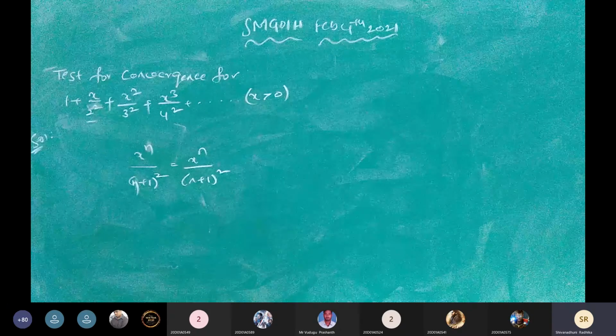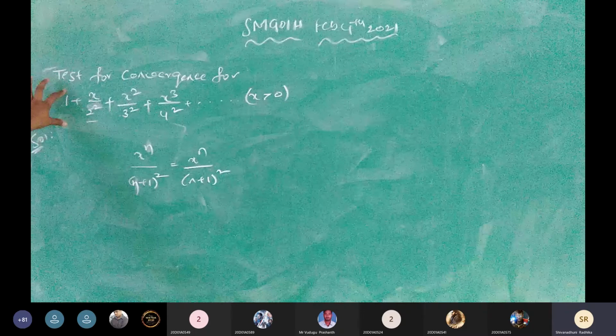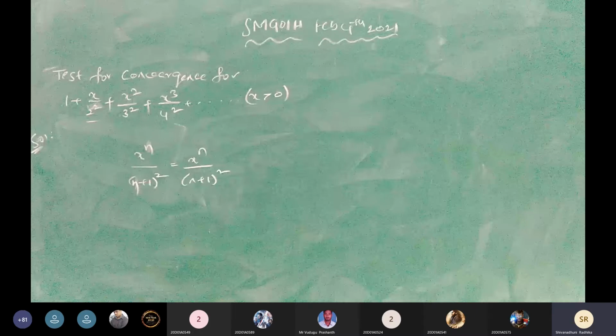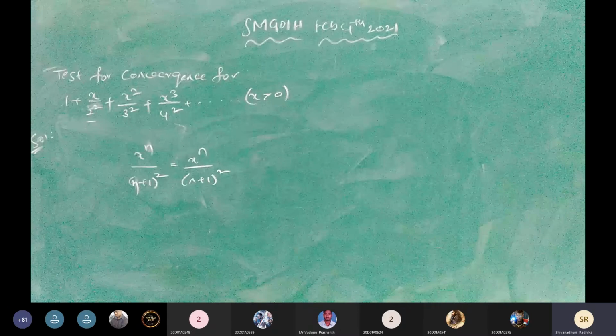If the first term doesn't fit, we just omit it. Any sequence and series starts with the first term, but that first term is not applicable for some problems, so we have to omit or neglect the first term. Is it clear?